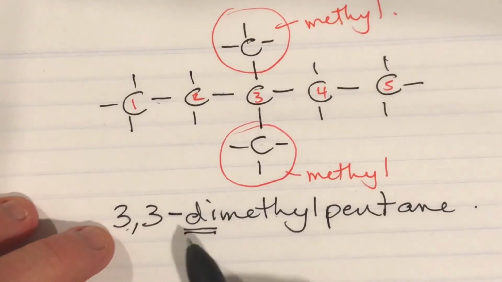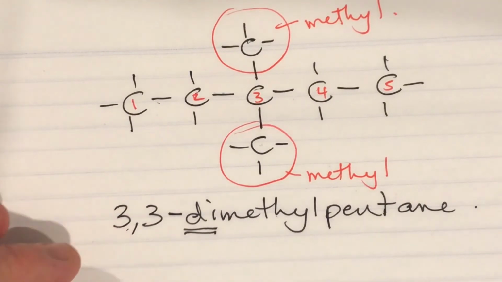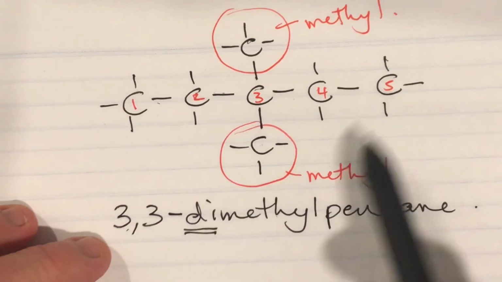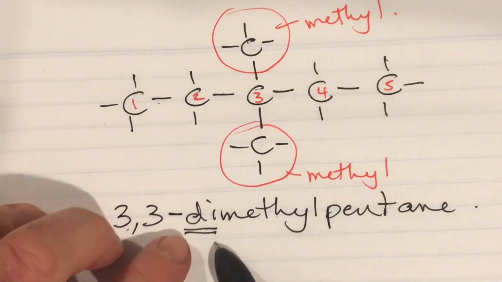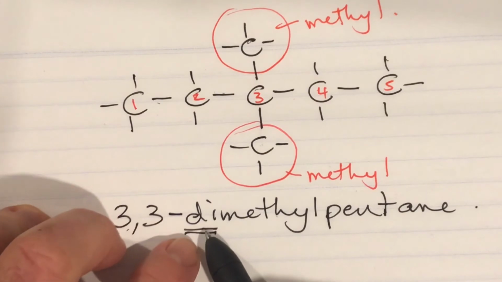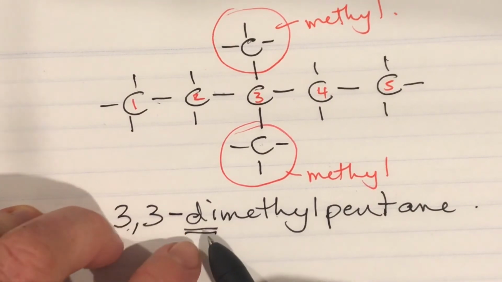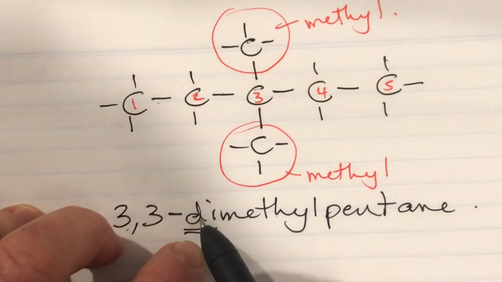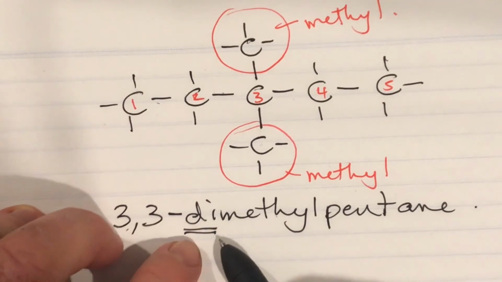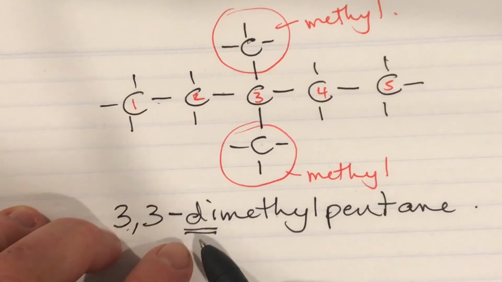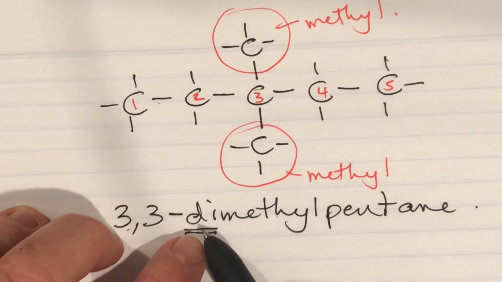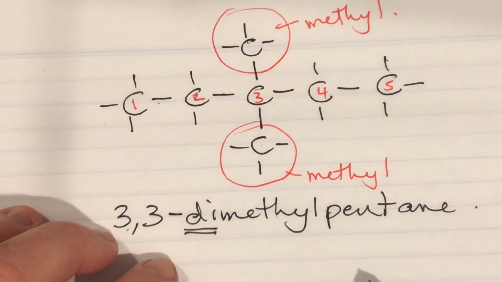If there were 3 or 4 methyls in this molecule, in the case of 3, it'd be trimethyl pentane. If there were 4 methyls, it'd be tetramethyl pentane. If there happened to be 5, that'd be pentamethyl pentane.